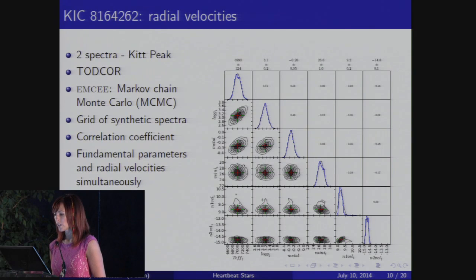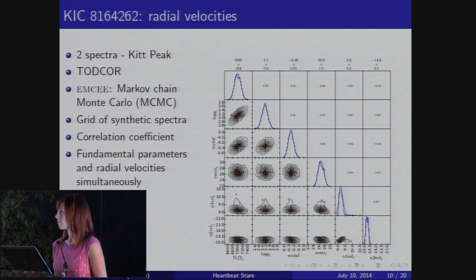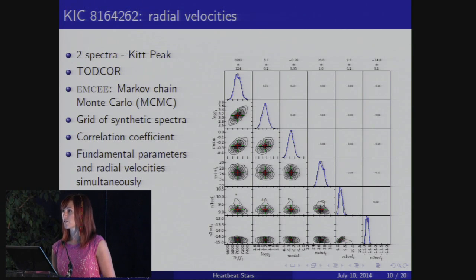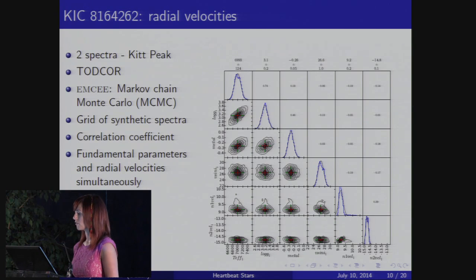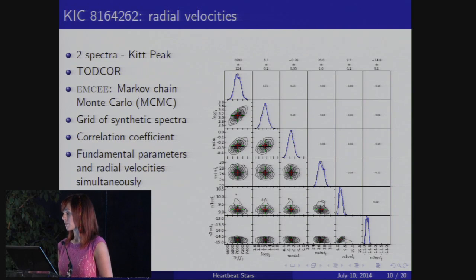Doing this, we were able to interpolate between the spectra and fit the spectra simultaneously while obtaining the radial velocity results. By doing this, we were able to get posteriors on effective temperature, log g, metallicity, v sin i, and the radial velocities for both nights.